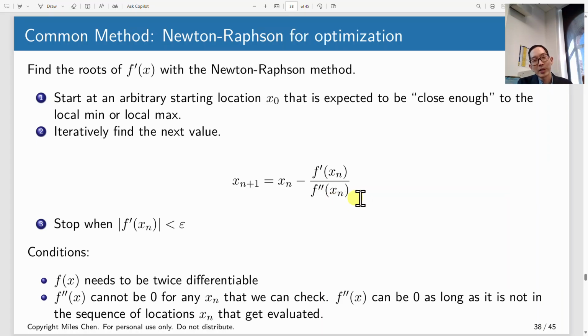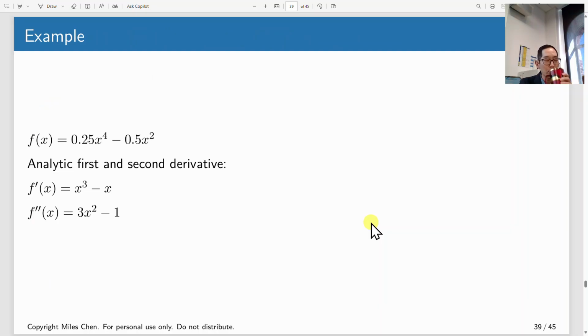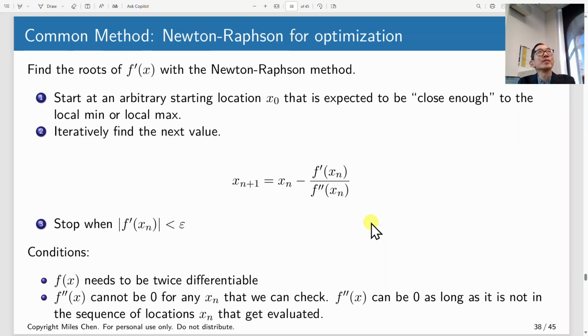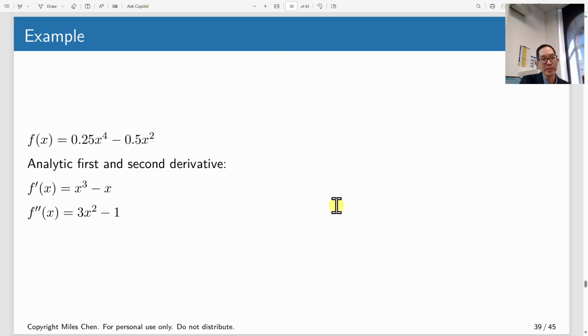So if you need to, you might have to choose a different starting location, and with a different starting location, you might be able to find it. So f double prime is what? It's 0 at inflection points, right? When it switches from concave up to concave down and things like that. So that's where things would start to break.